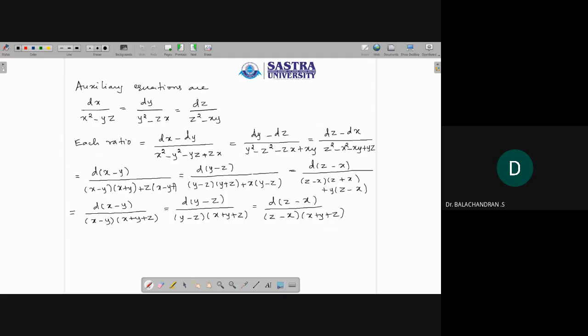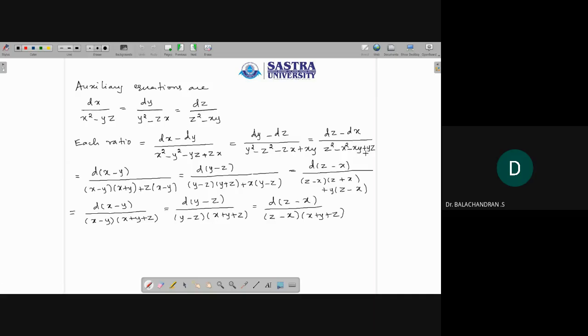Similarly here, y square minus z square is y plus z into y minus z. What is common here? X is common. If you take x commonly, y minus z. And here d of z minus x. So z square minus x square you can write as z plus x into z minus x. And here y is common.